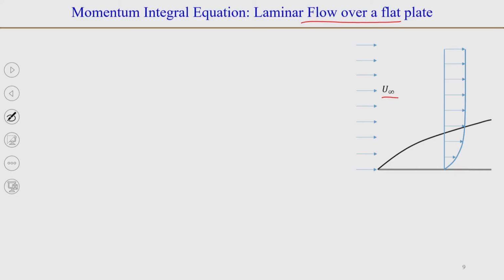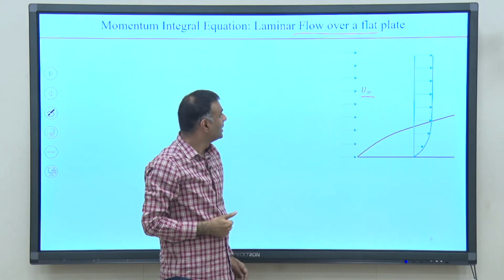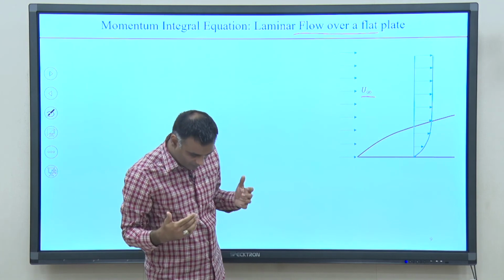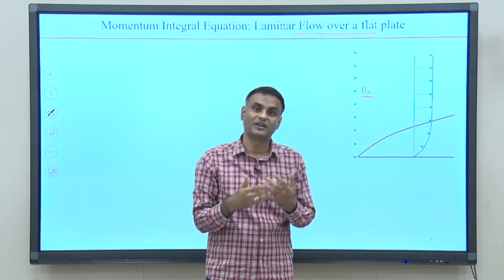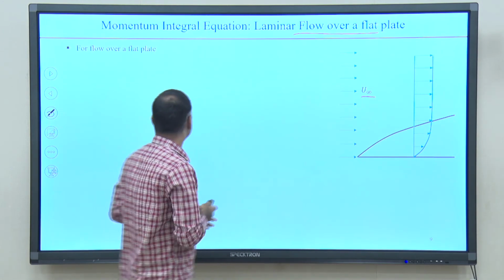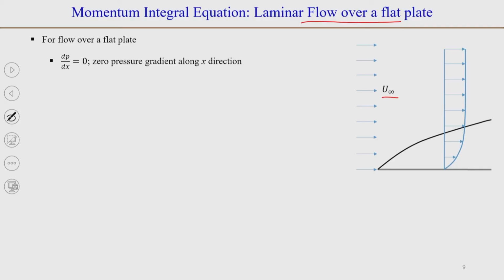So, u infinity is constant across y, and u infinity is not a function of x, and the pressure gradient will be 0. So, we will have a 0 pressure gradient along the x direction as well as 0 gradient in the free stream velocity along the x direction. That is valid for a flow over a flat plate.